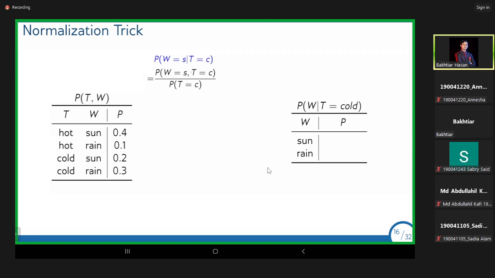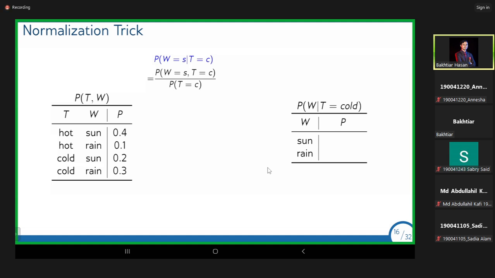The numerator is the probability of the weather being sunny and the temperature being cold. That can be directly derived from the table. That is cold and sunny, that is this row, 0.2.